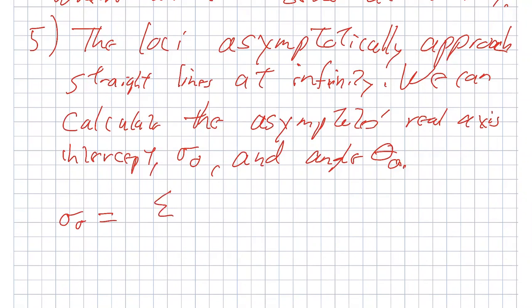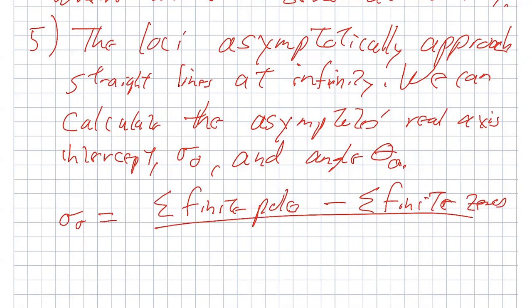Okay, so sigma 0 is equal to the sum of the finite poles minus the sum of the finite zeros, divided by the number of infinite zeros, which is what we just calculated.